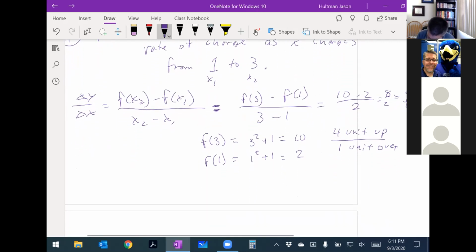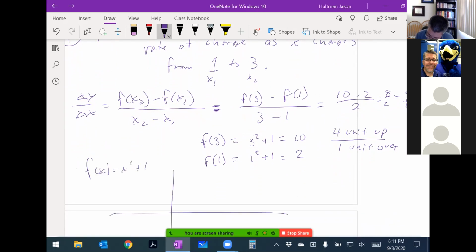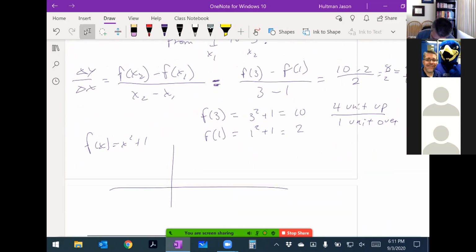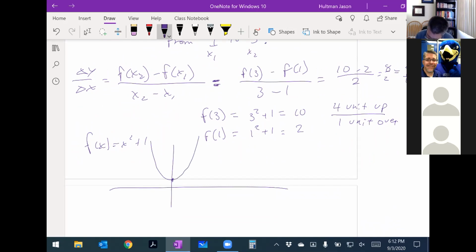Now, let's see what happens here. What does this function, f of x equals x squared plus 1, look like? Well, it looks like a parabola, up 1. And so what's the rate of change here?